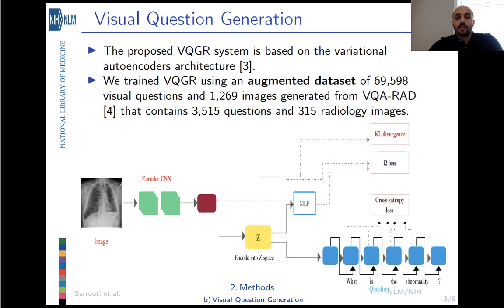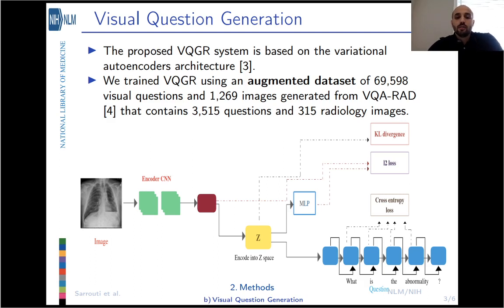After creating new examples for training data, we then build a medical visual question generation model by combining variational autoencoders on the images to learn representations and a language decoder that conditions on the image representation.